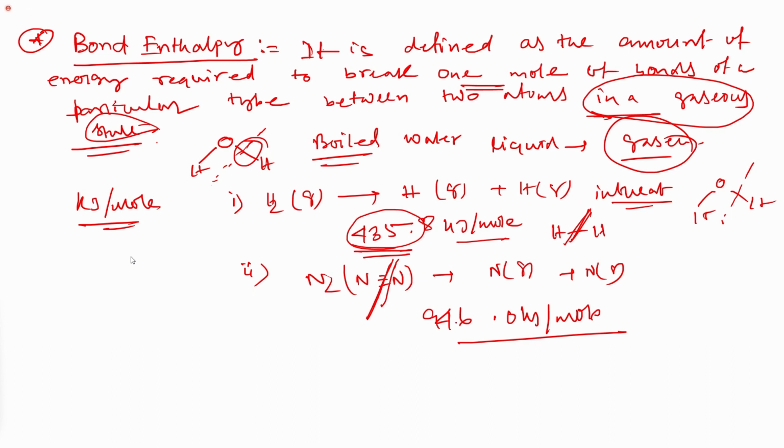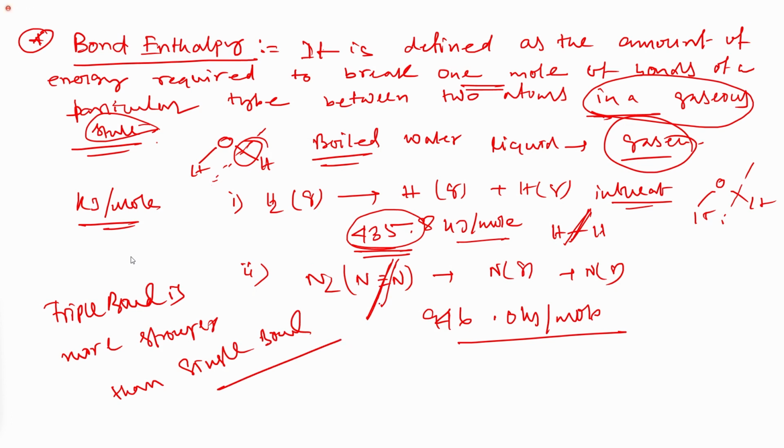So from that value, we can say that a triple bond is stronger than a single bond. So from the bond enthalpy value, we can also know about bond strength. There are various types of bonds: single bond, double bond, triple bond.